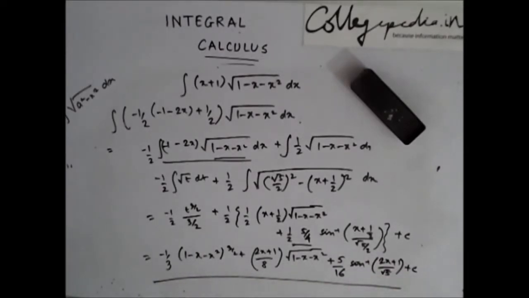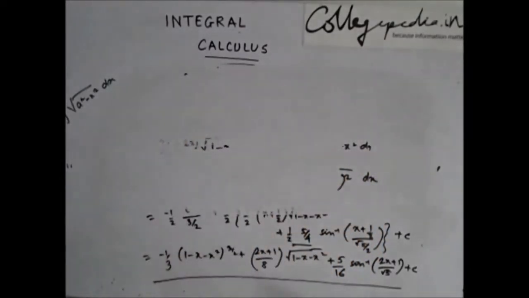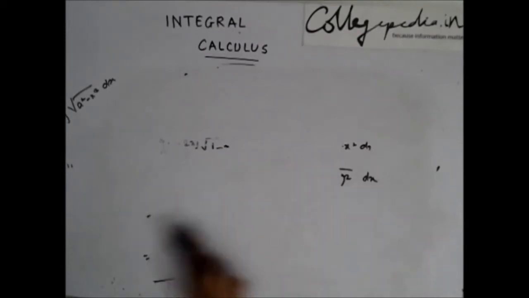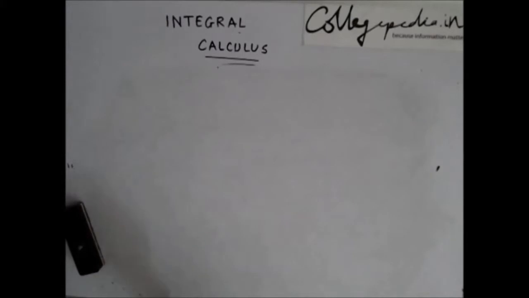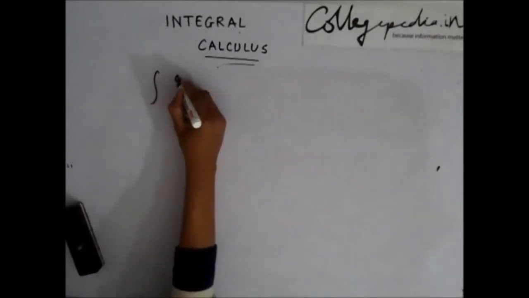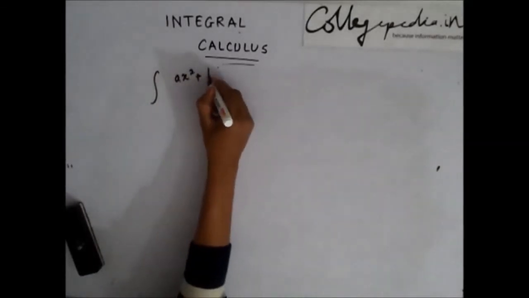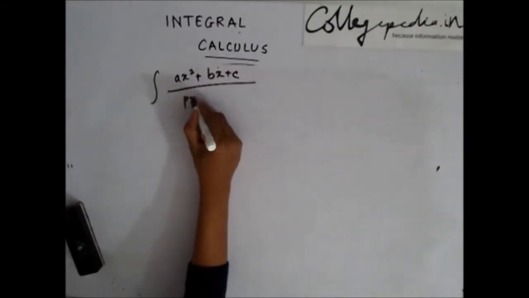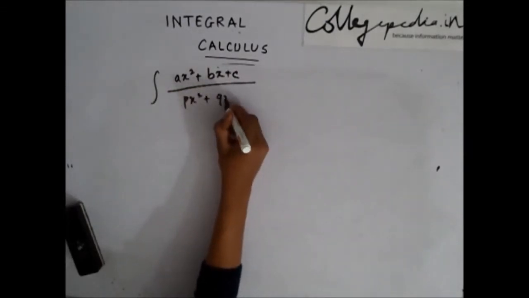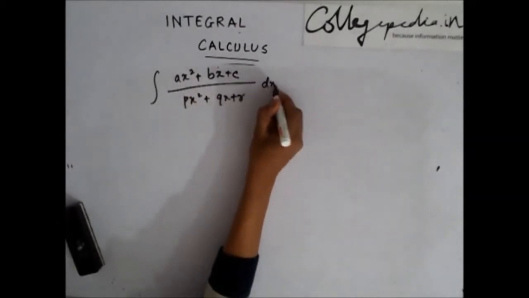Okay. Now let's say you have an equation of this form. The form of the equation is ax square plus bx plus c divided by px square plus qx plus r dx.